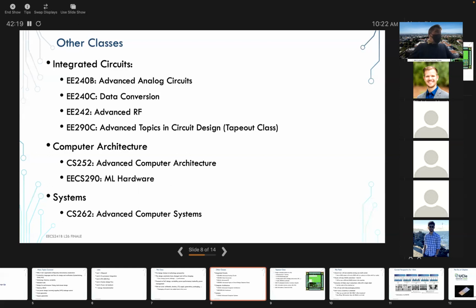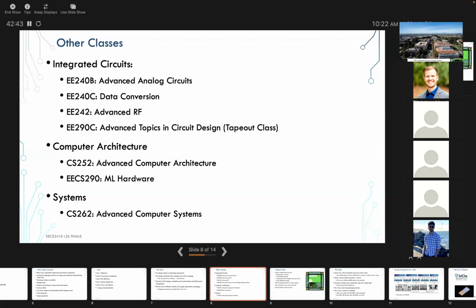This course used to be on a normal rotation, but because we have not enough faculty, the course is offered every couple of years. There is an advanced RF 242, and there is advanced optics in circuit design, which this time around is a tape-out course, and we're going to try to keep that one around.